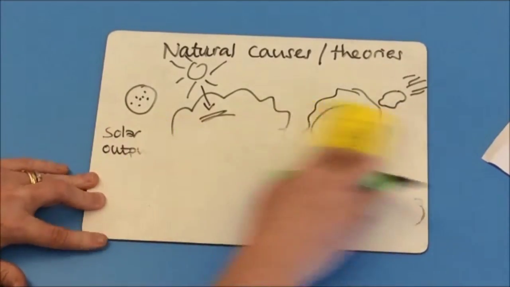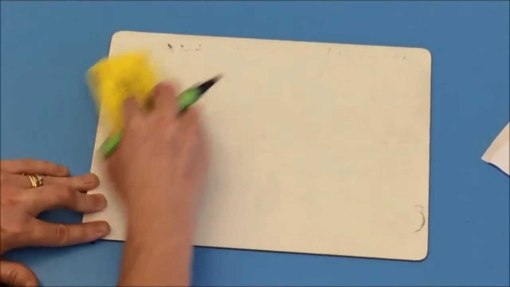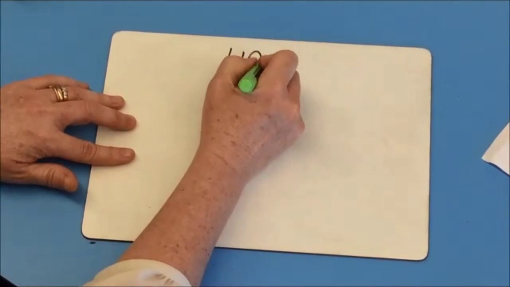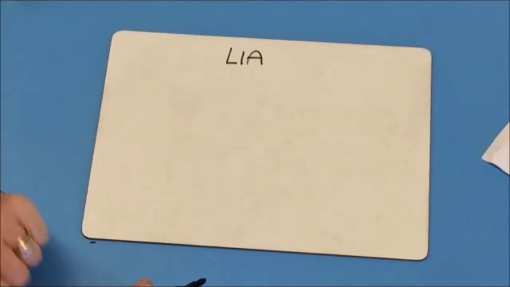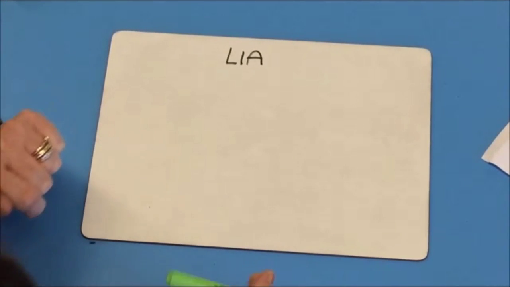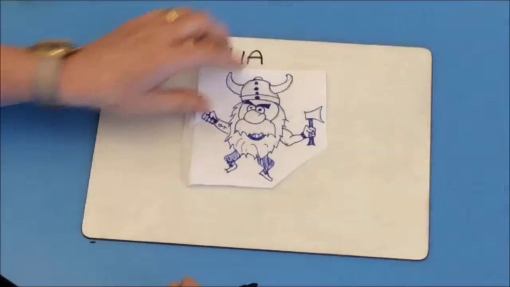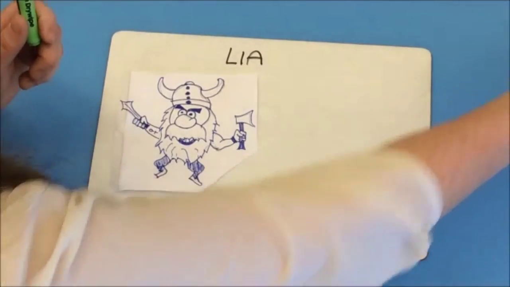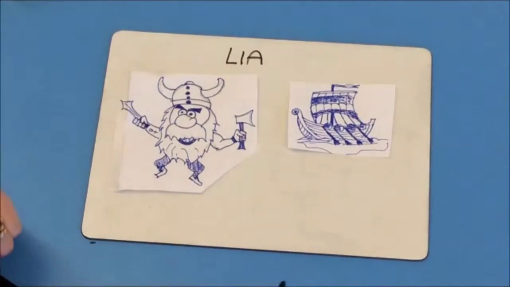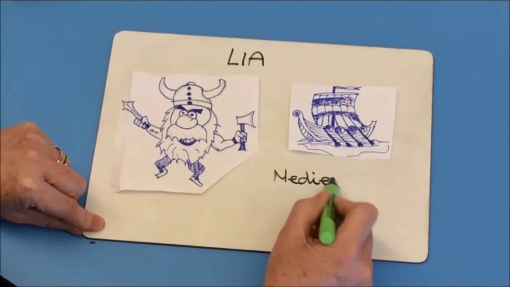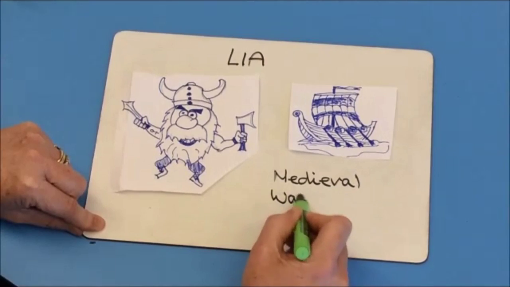Right, so in the past the climate used to be different. There's a specific time in the past that we all need to be aware of, and that is the Little Ice Age. Now, I've had some help with this because we all know that my diagrams of Eric the Red weren't actually very good. So here we have Eric, okay, and we know that he went to live on Greenland on a boat with some other fellow Vikings during the medieval warm period.